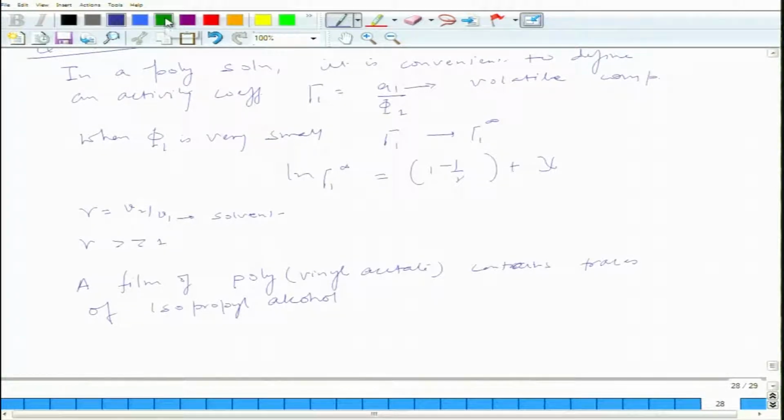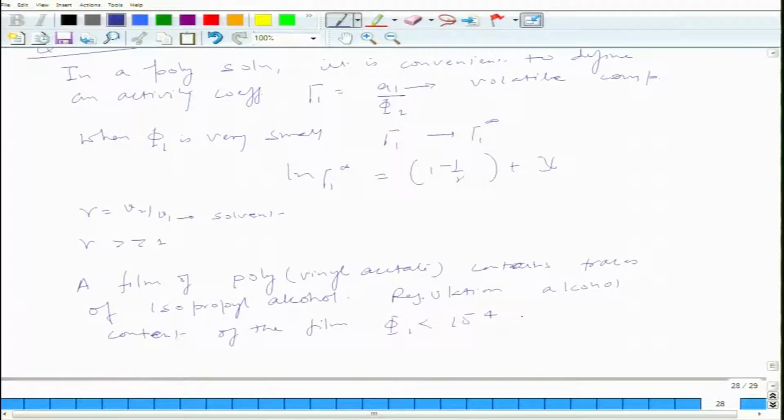For health reasons, the alcohol content of the film must be reduced to a very low value, and the government regulation says so. The regulation requires that the alcohol content of the film should be less than 10 to the minus 4.